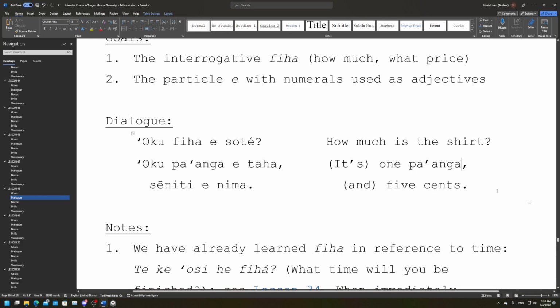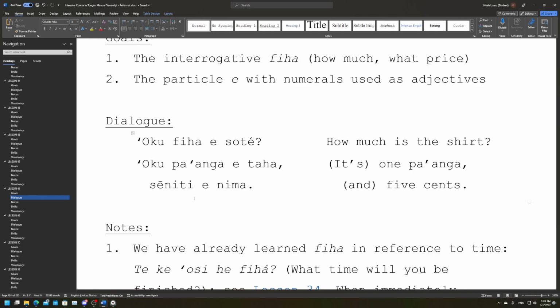But I think this is before I decided to always translate paanga as just paanga, because it's way too confusing to do as Shumway does. He always translates paanga as dollar. The way I see that is I always understand that to mean the American dollar, or at least something similar in value, like the Canadian dollar.